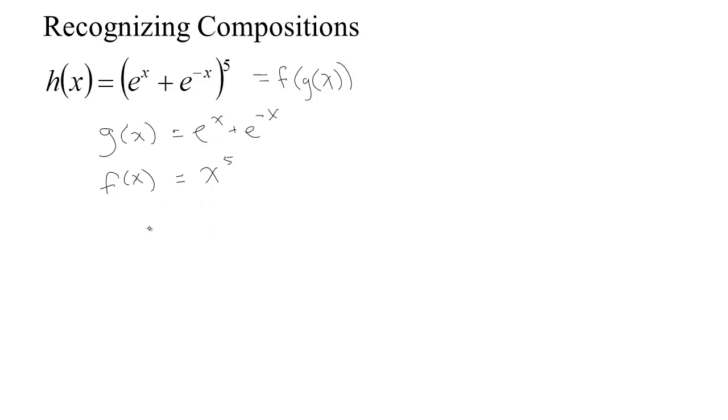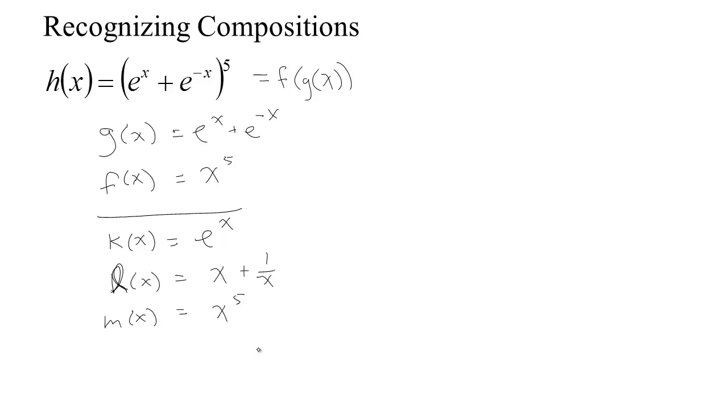Here's an alternate version. Maybe we'll have this function k, and k is just going to calculate e to the x, and then h is going to give us maybe, oh, I already have used h. How about I call that L then? The function L is going to give us x plus 1 over x, and then maybe we'll have another function m, and m's job is going to be to raise everything to the 5th power.